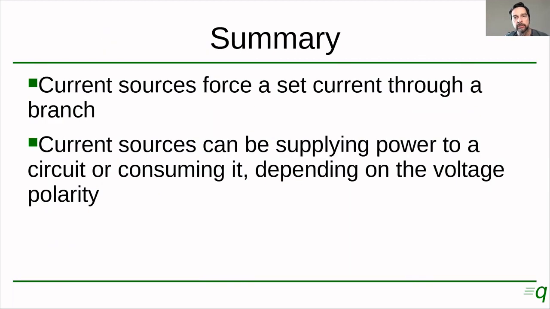Okay, let's review what we saw in this video. Current sources are devices or circuits that force a set current through a branch. So if you have a current source, you know what the current on that branch is going to be. You do not know what the voltage is going to be across the source, but you can calculate that depending on the rest of the circuit. And current sources can be supplying power to a circuit or consuming power from a circuit, depending on the voltage polarity.